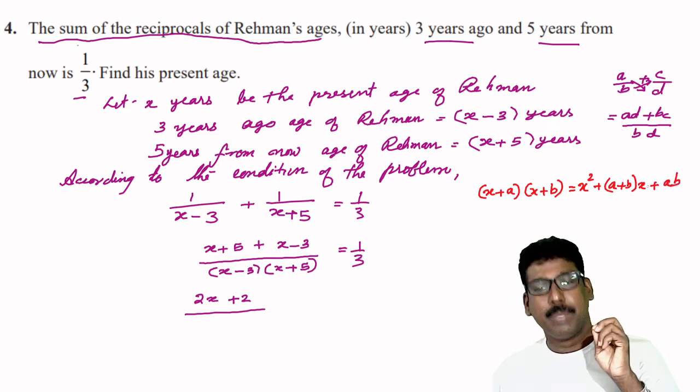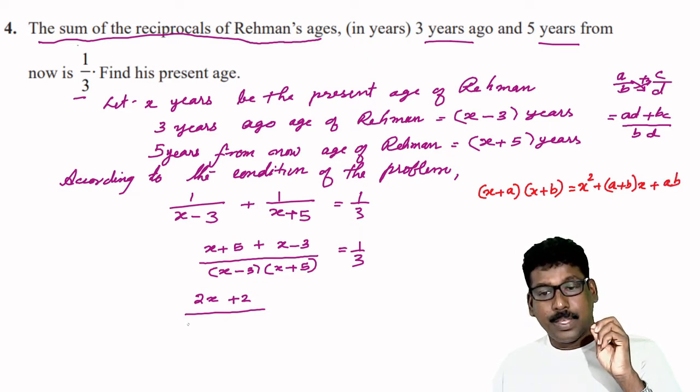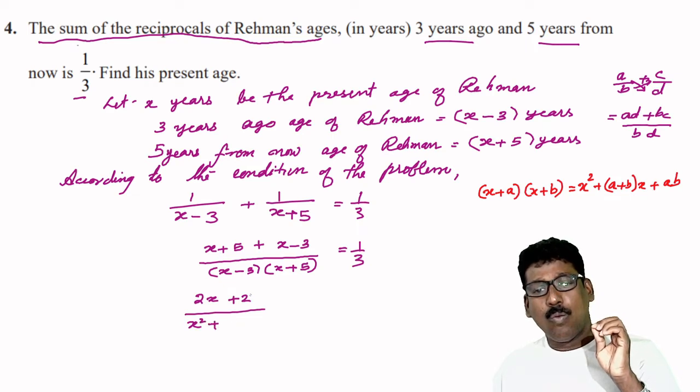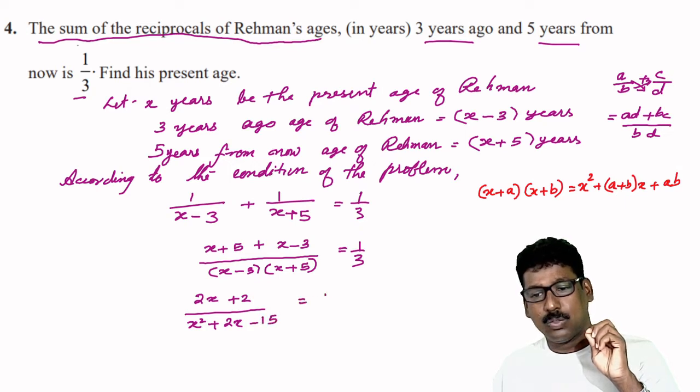So x minus 3 into x plus 5, you can write as x square plus, now what is minus 3 plus 5? It is 2. So 2x. Now minus 3 into 5, it is minus 15, is equal to 1 by 3.